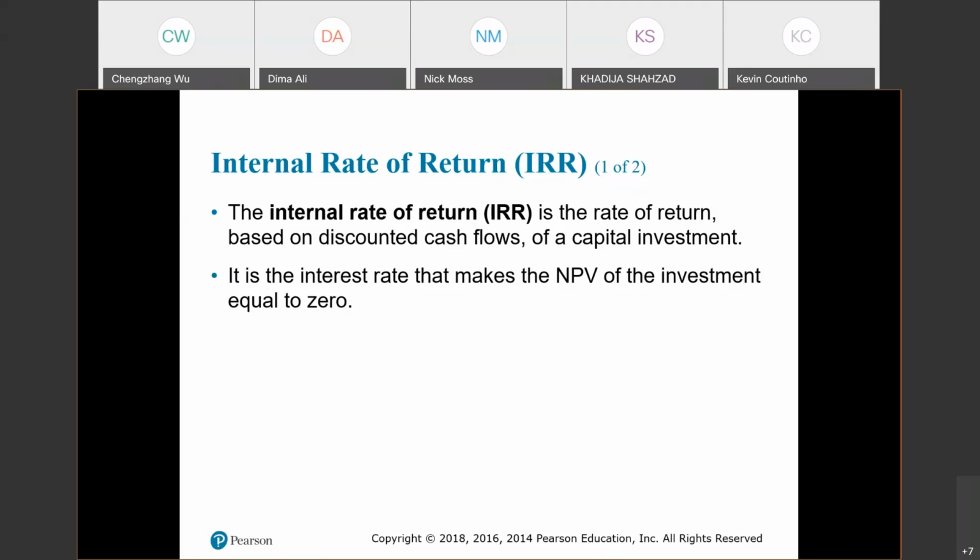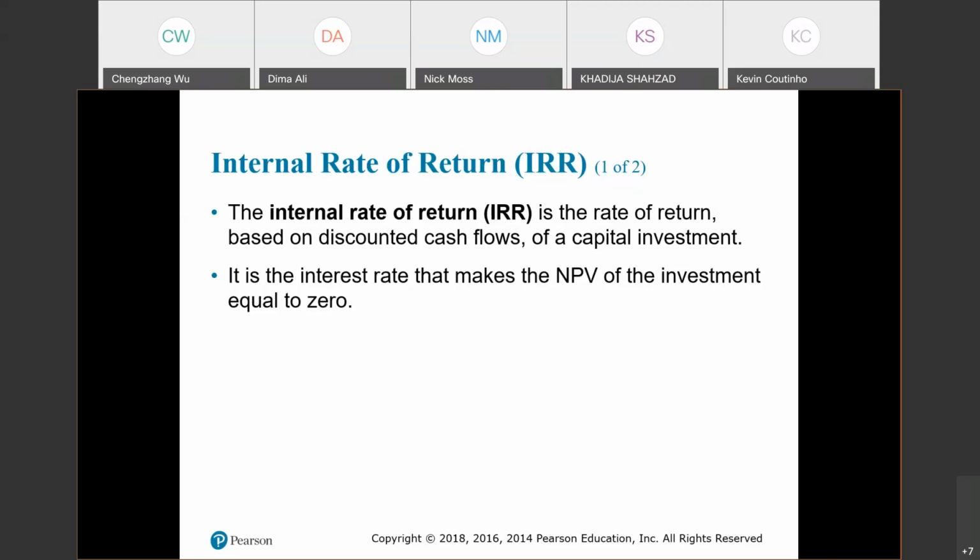If the net present value is 0, then you know the actual return is equal to the required return. The actual rate of return is called the internal rate of return.